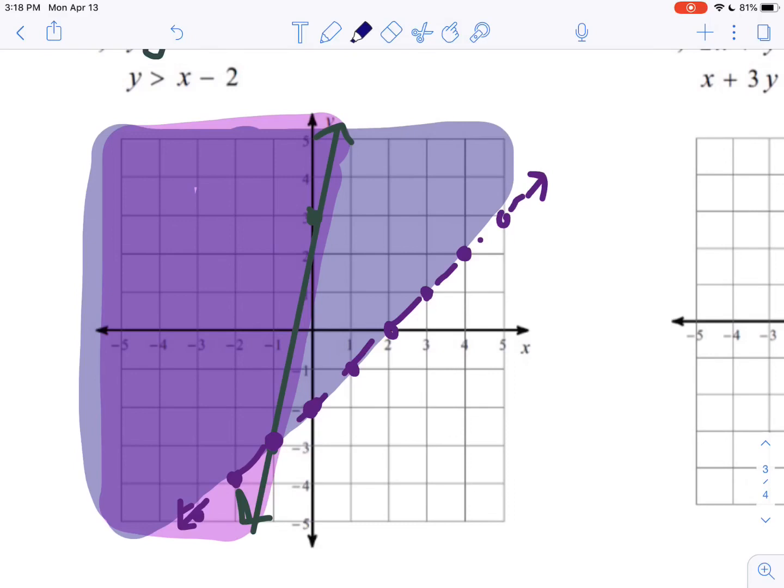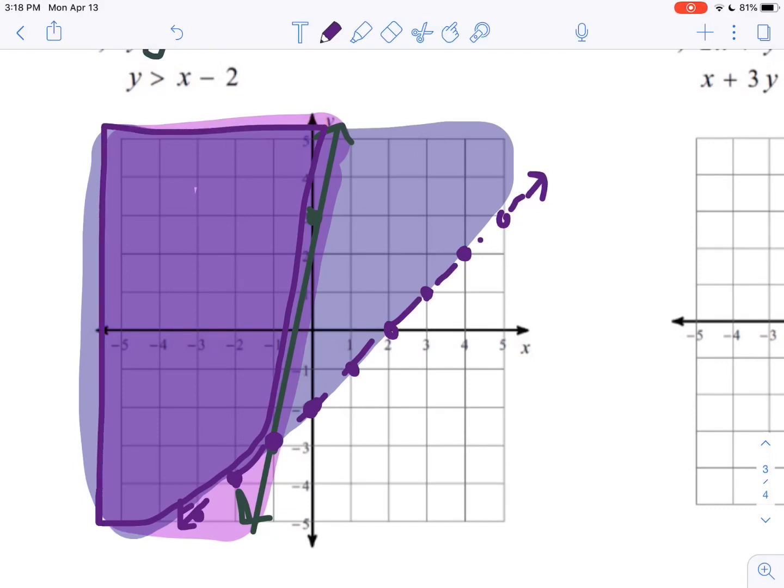Okay, notice that there is a large area that is overlapping between the shading, right? Do you see the overlapping? That is your solution area because that's the area of x's and y's that make both of these inequalities true. So what you're going to do is you're going to identify this area. So I usually like to just put an outline around it.